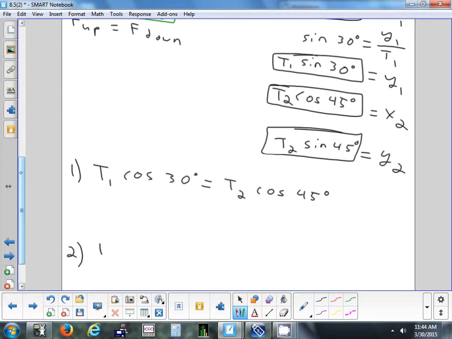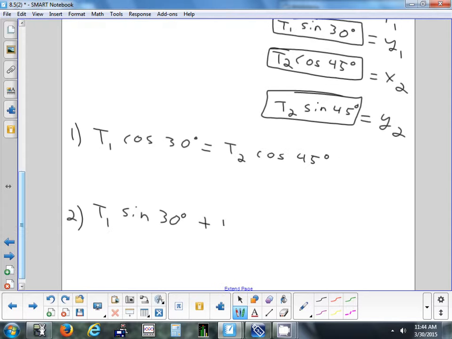Okay, so y1 is T1 sine 30, and y2 is T2 sine 45. Okay, so we have two equations. Each equation has two variables. That's a system of equations. What's one method we can use to solve a system of equations?